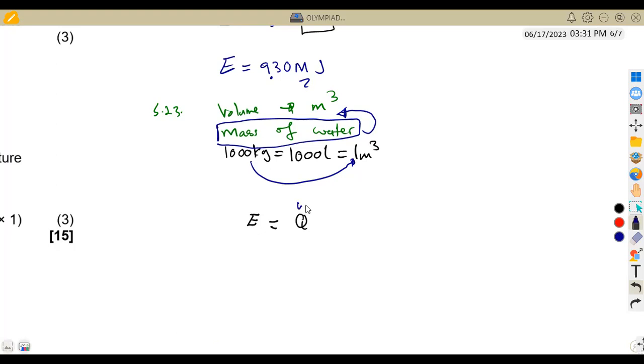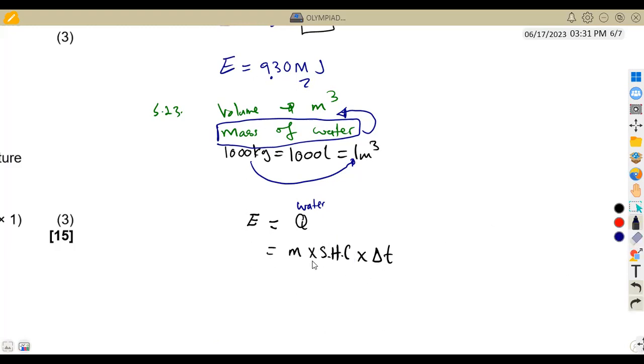This is Q for water, which is simply the mass times the specific heat capacity of water times the change in temperature. Remember, the water had to change its temperature from the initial.